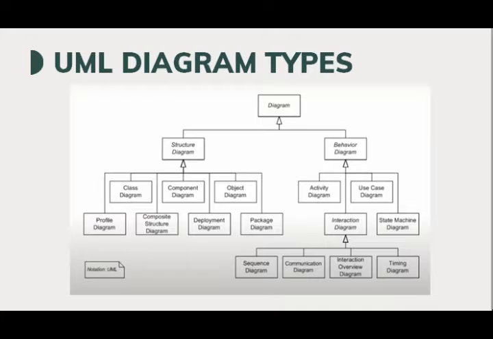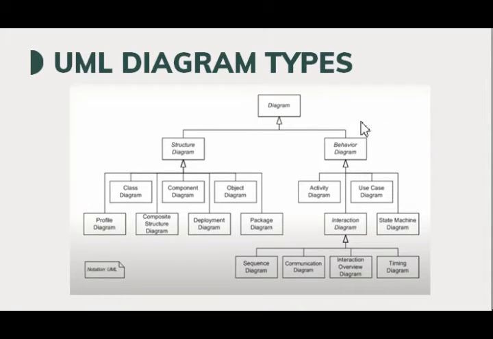Next is UML diagram types. UML does provide a rich variety of diagram types. These can be classified into two to three categories, depending on how you prefer to draw the classification. We have the structural diagram, in particular the class diagram, that is widely used to show how object-oriented software is designed.